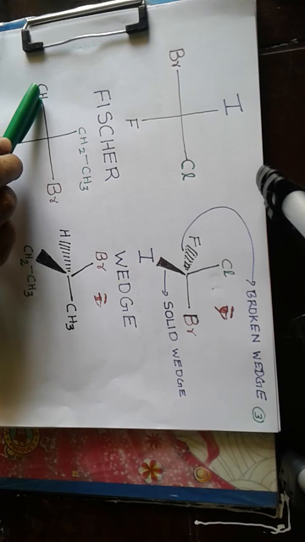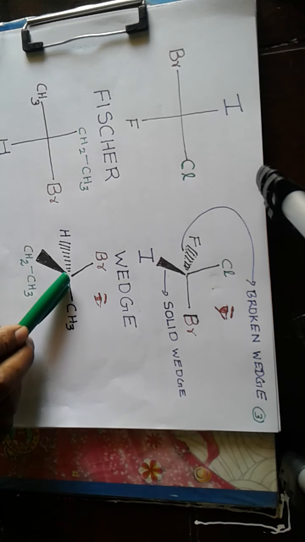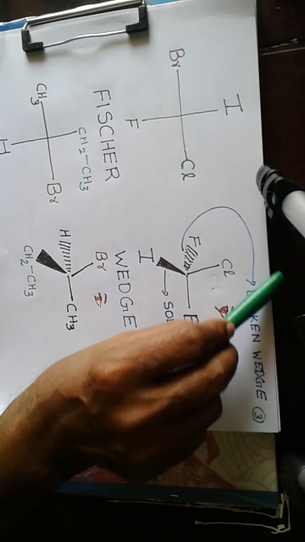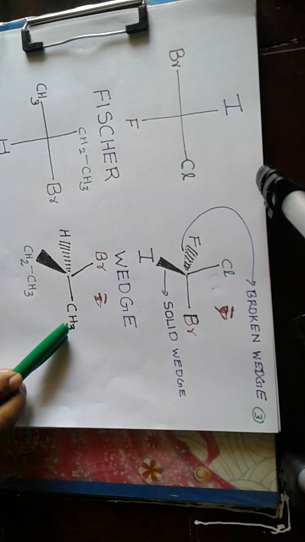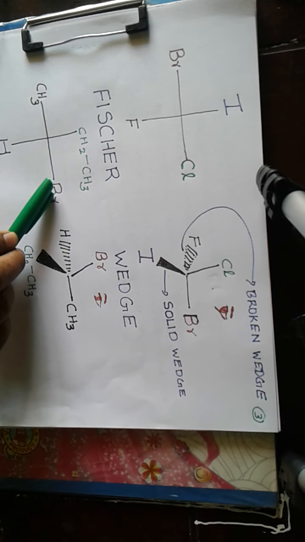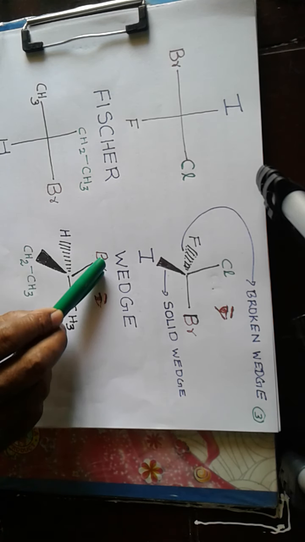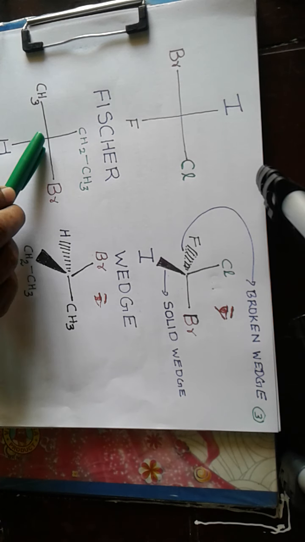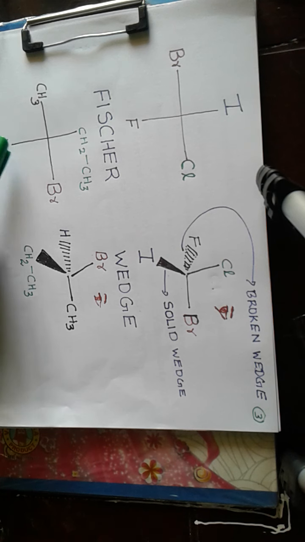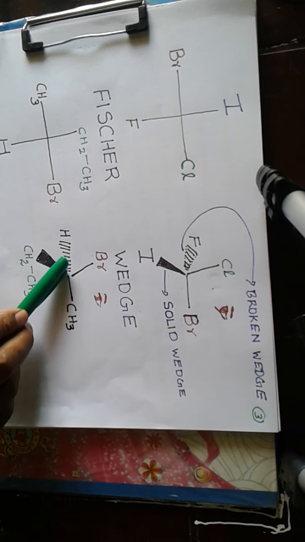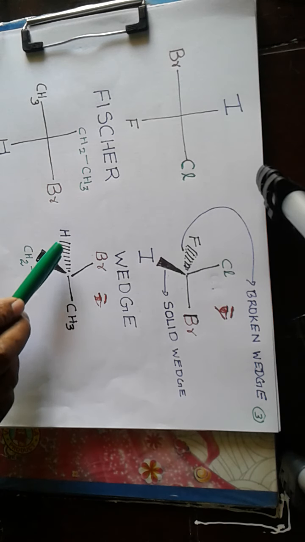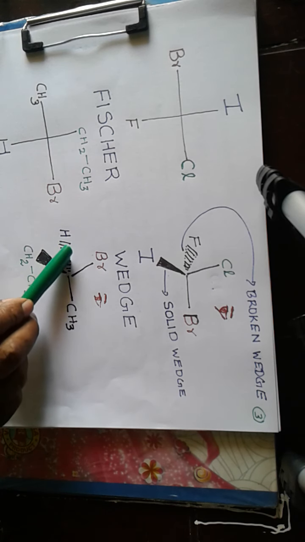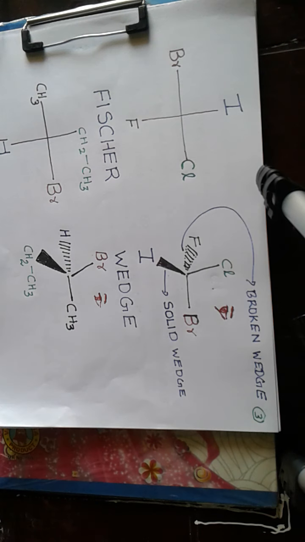Then CH3 is on the left hand side, so on a normal line parallel to the plane, we write CH3 which is on the left hand side, and Br is on the right hand side, so we write Br here, and H is below the plane because it is at the bottom of the vertical line, so H is drawn using a broken wedge connected to the carbon.